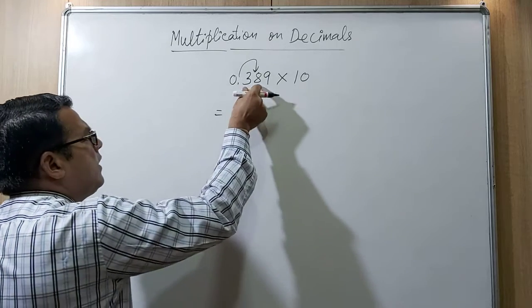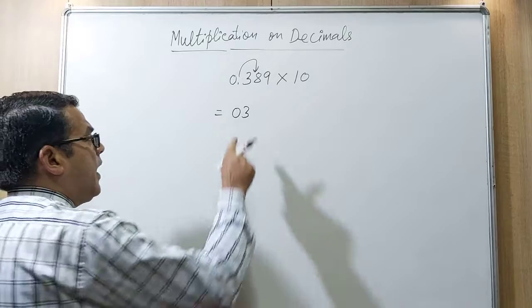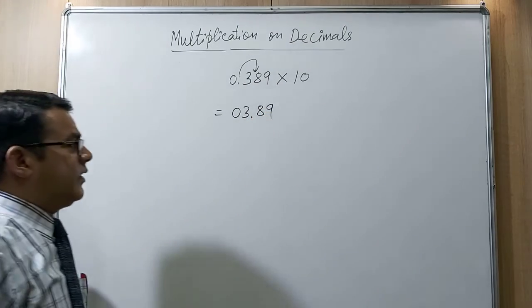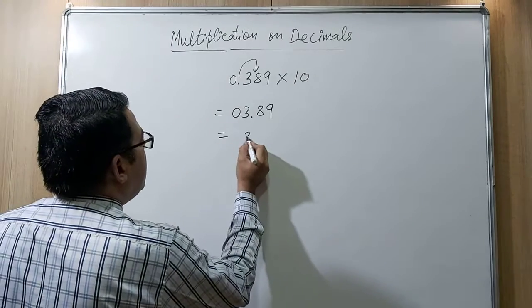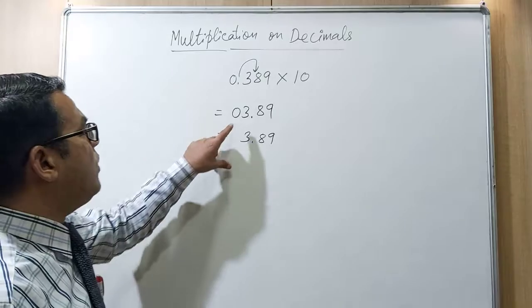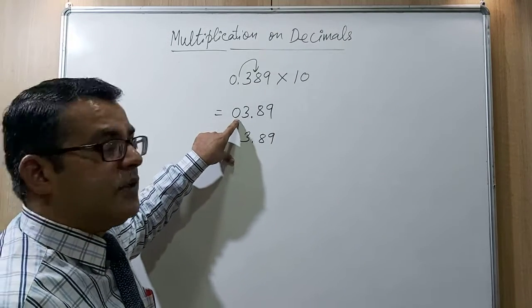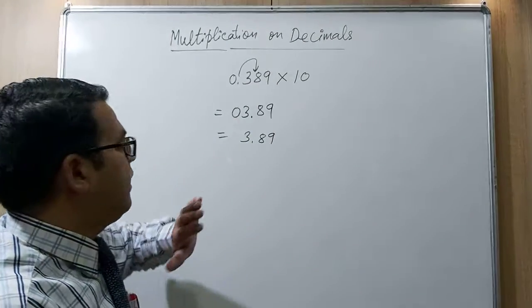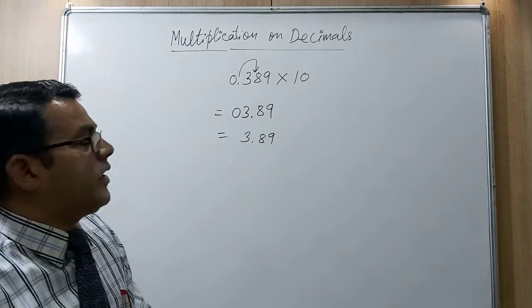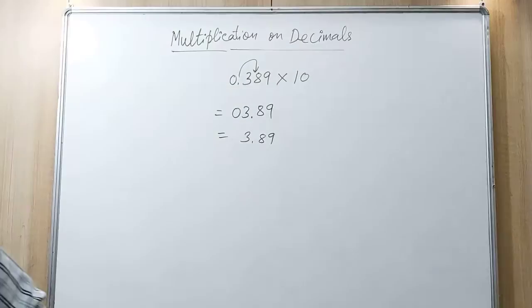In between 3 and 8 we have to write this decimal point. So this is our answer. Now we can also write it as 3.89, since we know that before this 3, this 0 has no significance, so we can leave it, right? So 3.89 we can write. So this is our answer.